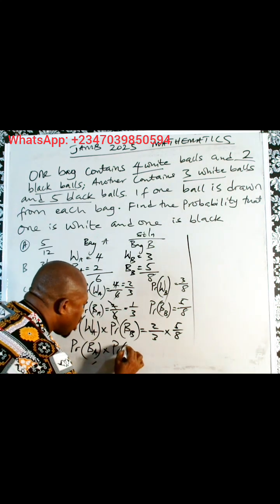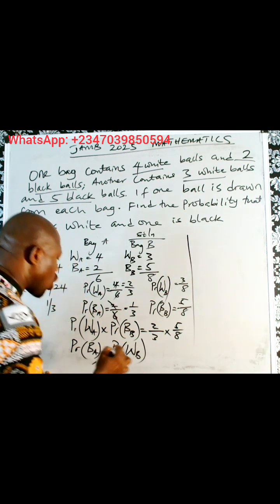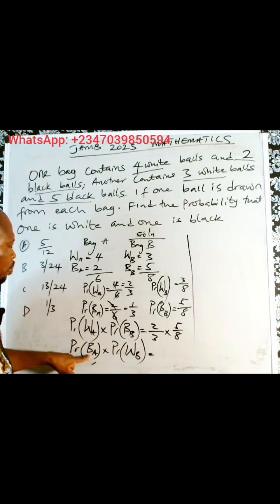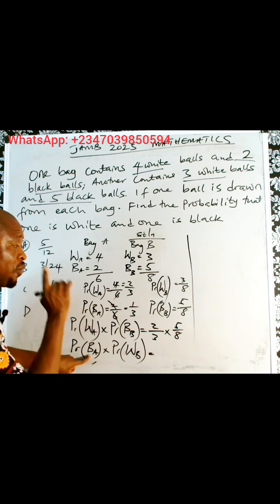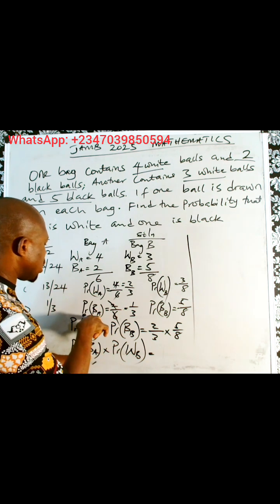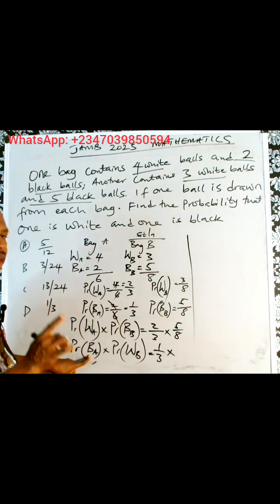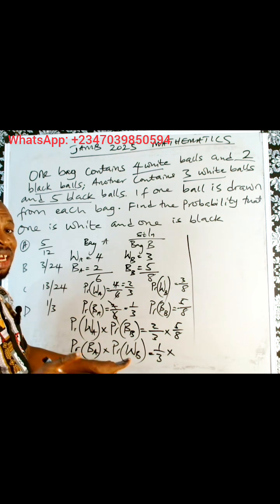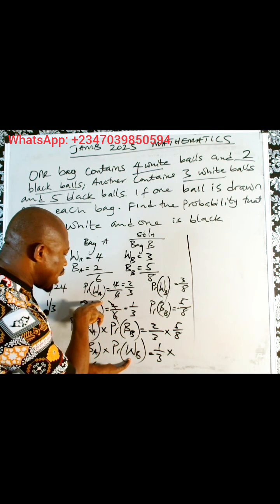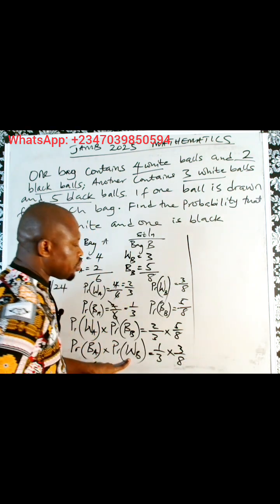So the probability of black from the first bag, BA, which is 1/3, multiplied by the probability of obtaining a white from the second bag, WB, which is 3/8.